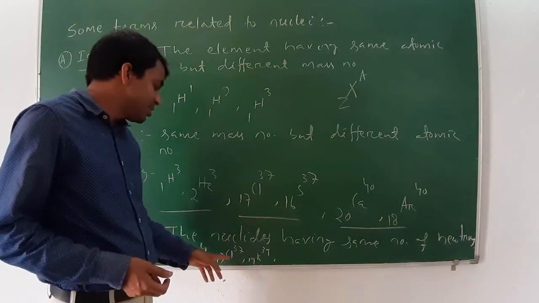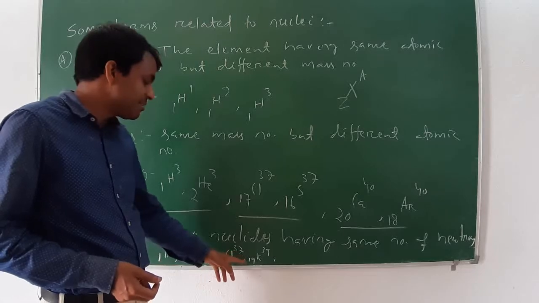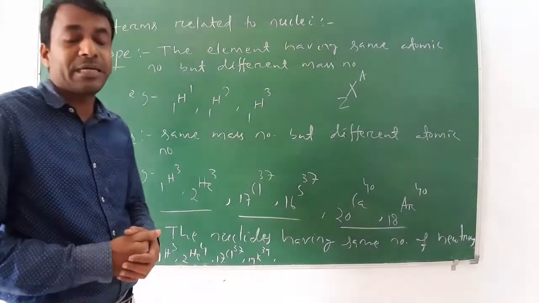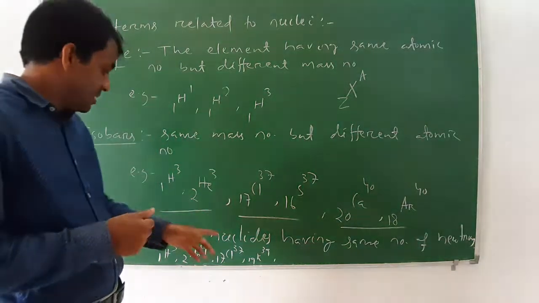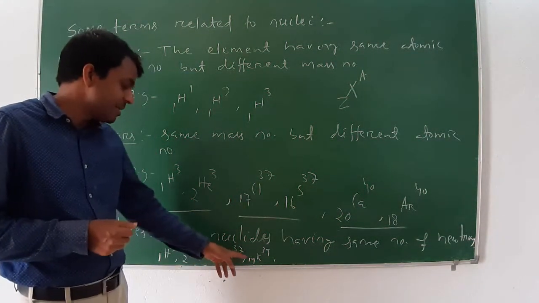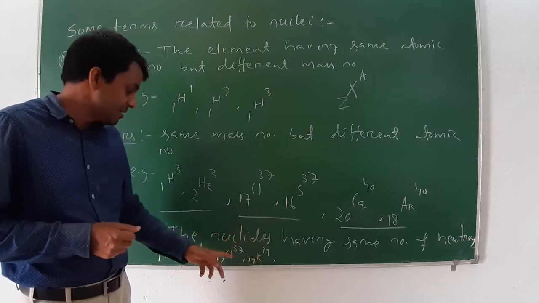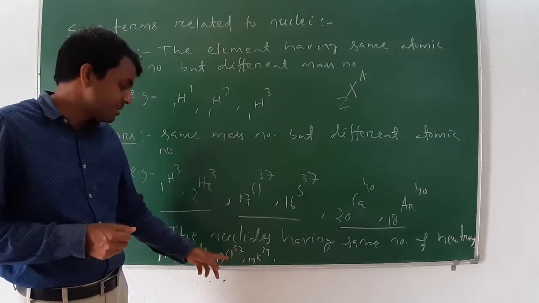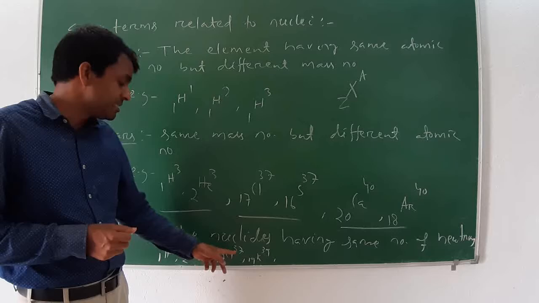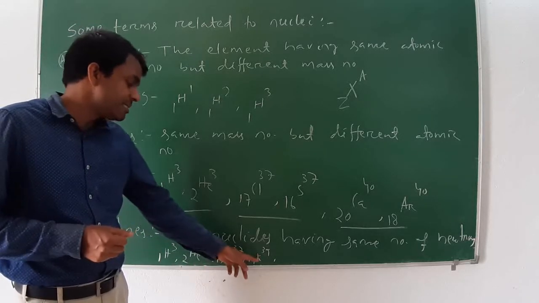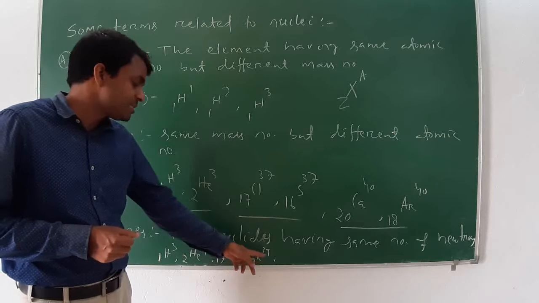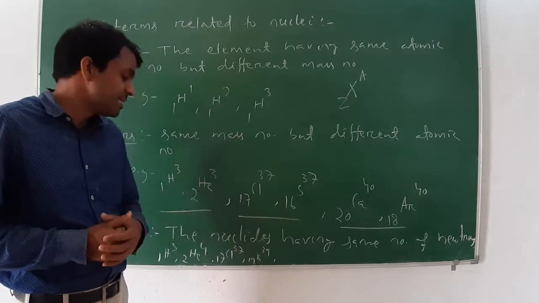Another example is 17 chlorine 37 and 19 potassium 39. The number of neutrons of chlorine is 37 minus 17, that is 20, and the number of neutrons of potassium is 39 minus 19, that is 20.